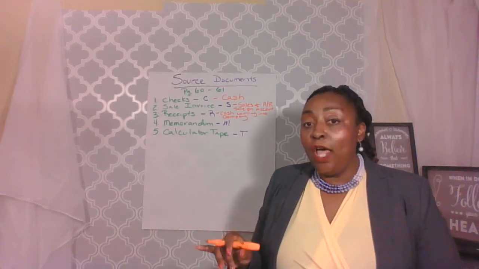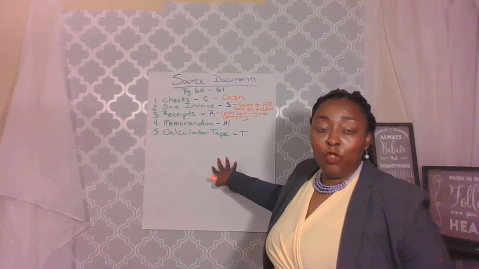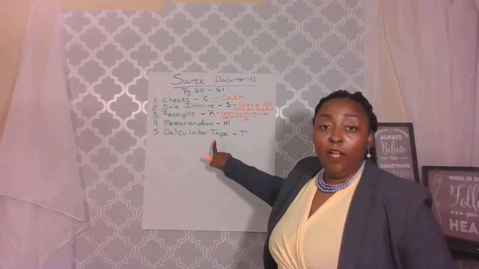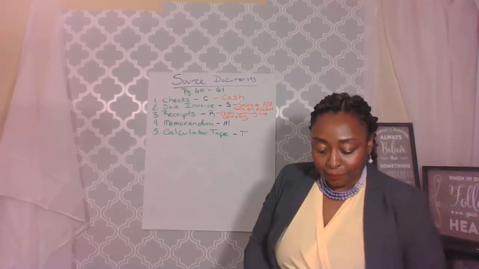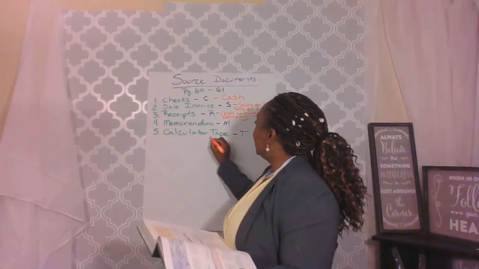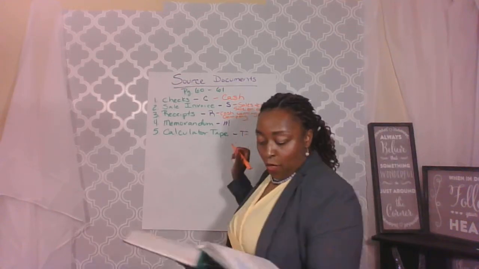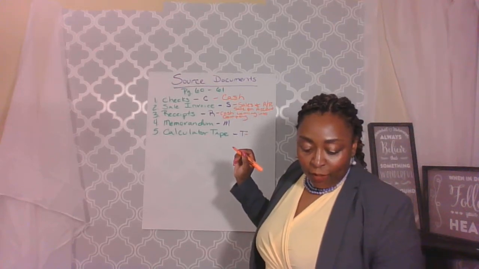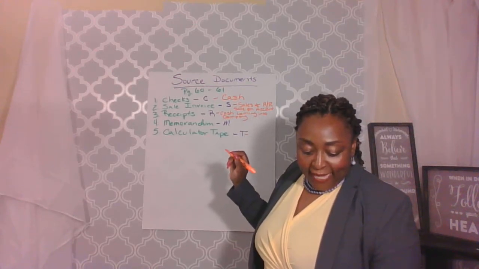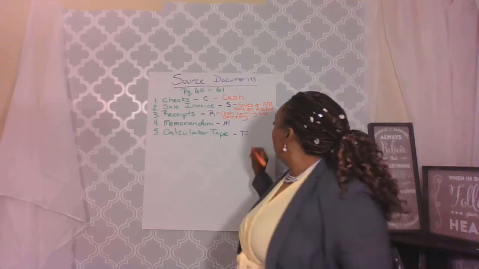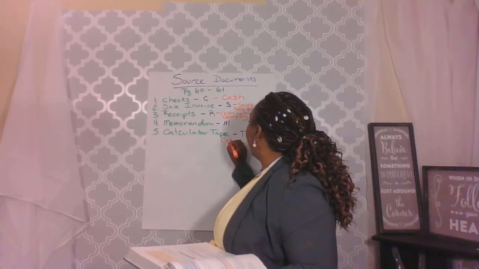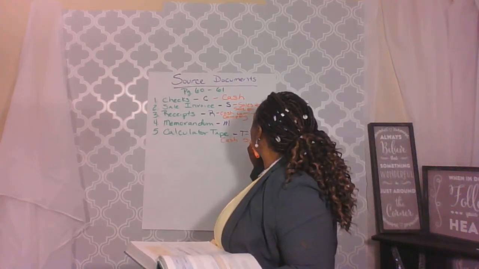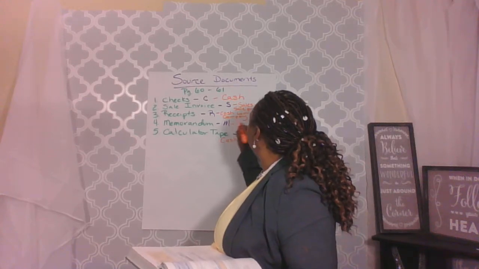Then the last is calculator tape, which is on page 61. A calculator tape is used for a cash sale.